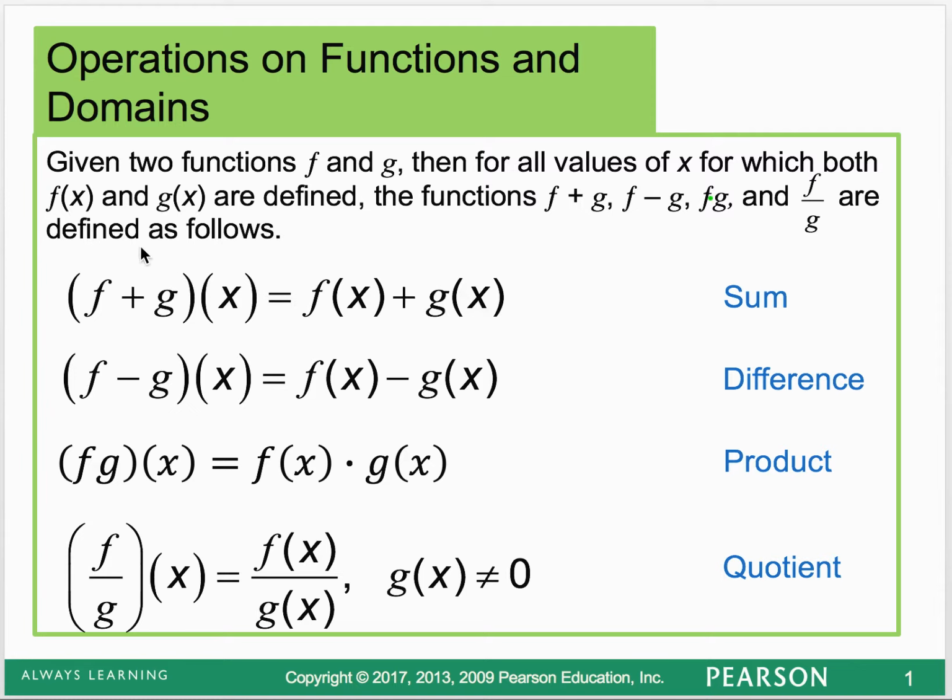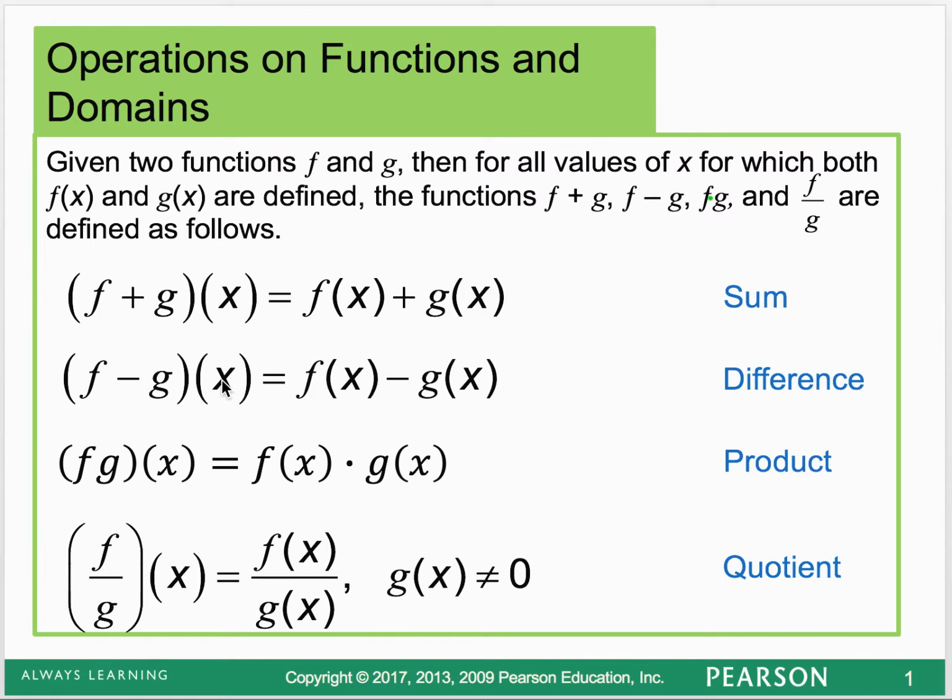When we see f plus g of x, that's how it's read. Remember, function notation has nothing to do with multiplying when we see parentheses next to each other, but it's read "of x." So f plus g of x just means we're going to take the function f of x and add g of x.